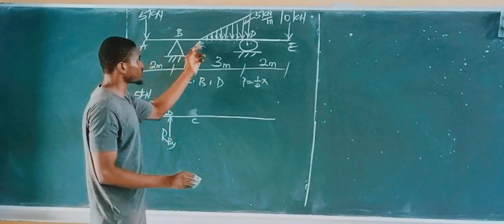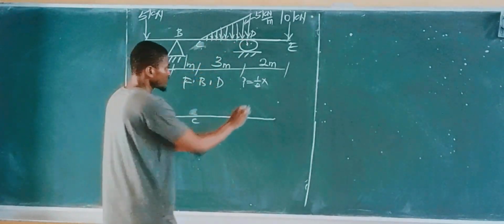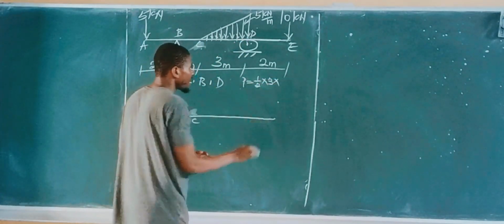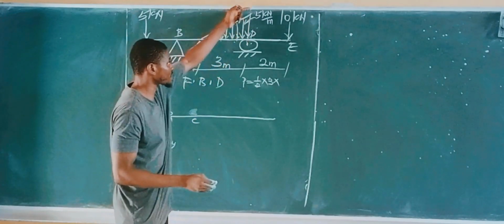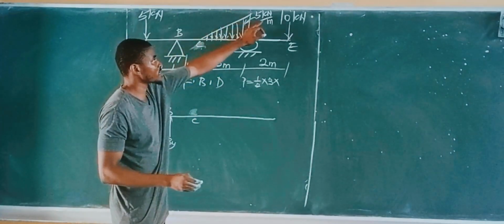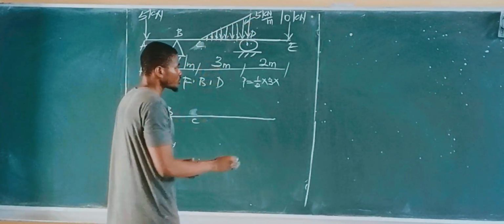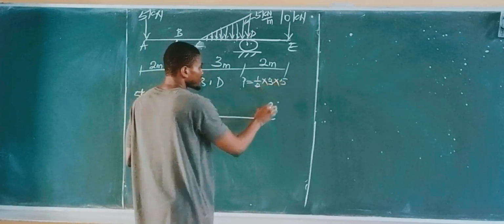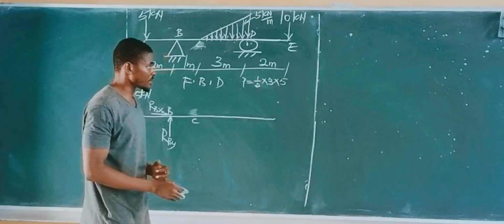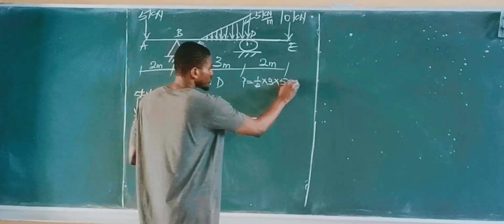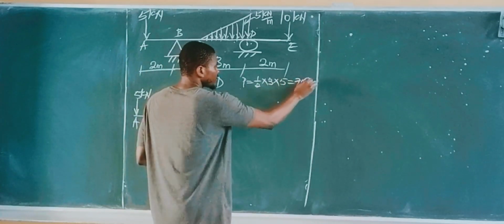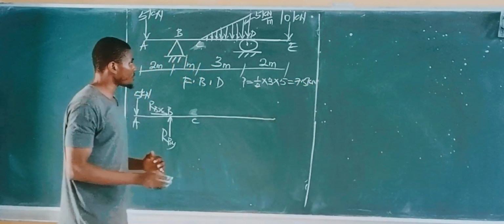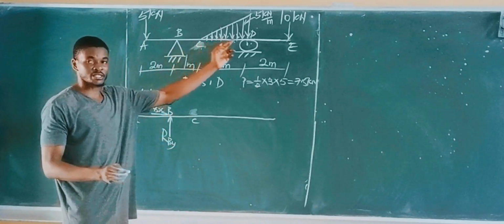The base is the length of the UVL, which is 3 meters. The height is the maximum intensity of the UVL, which is given as 5 kilonewtons per meter. So 1/2 times 3 times 5 is 7.5 kilonewtons. That becomes the point load of the uniformly varying load.